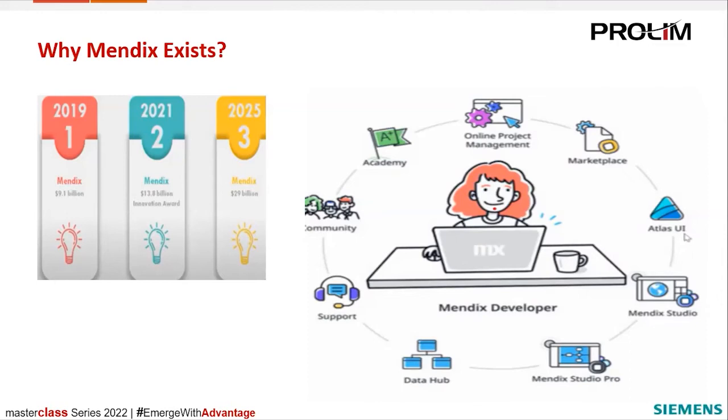And academy is something where you will have all those things inside it. You can understand that you do not need to search for something else if you come to Mendix outside.